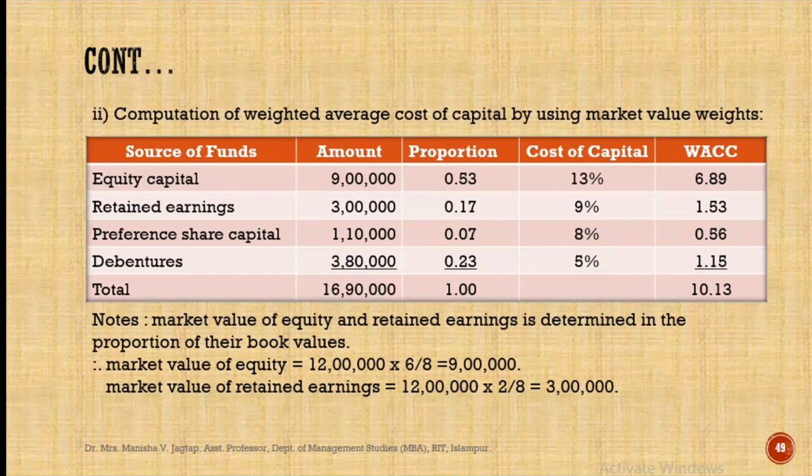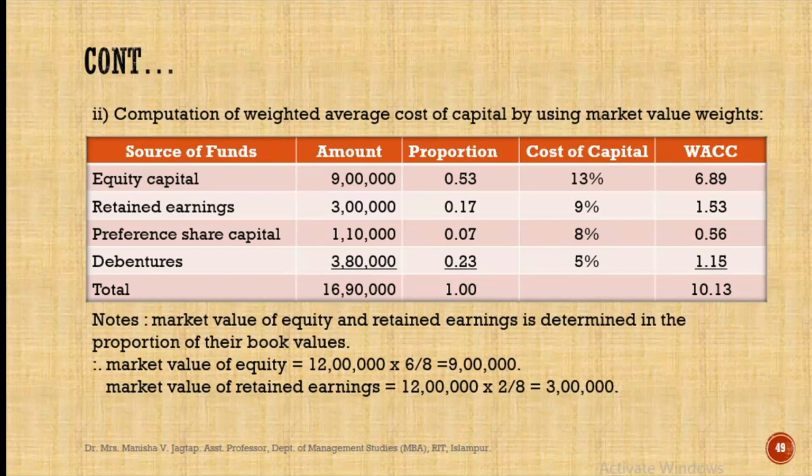In this way, one can compute the weighted average cost of capital by using book value weight and market value weight. So students, till here we have completed an important part of the unit, that is the cost of capital, which is very significant while taking any financing decision.